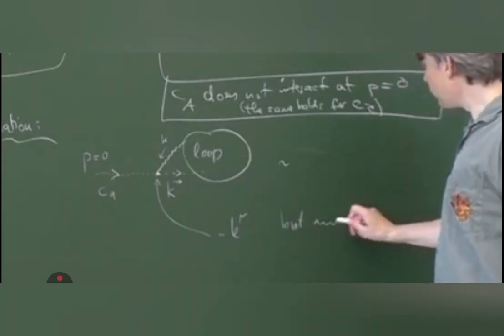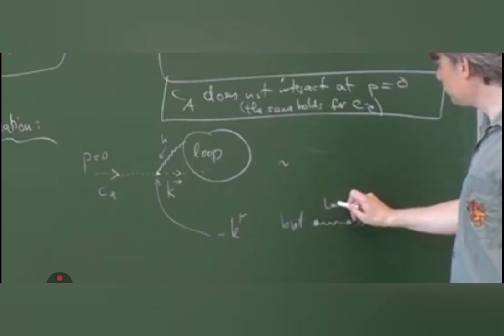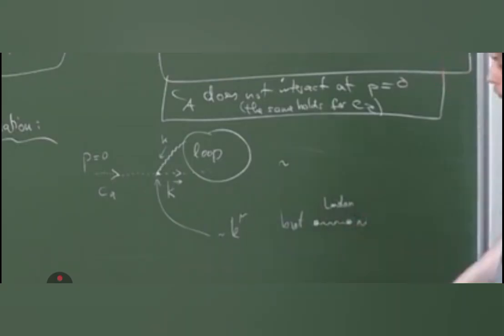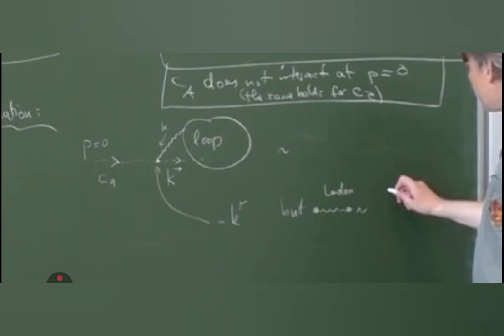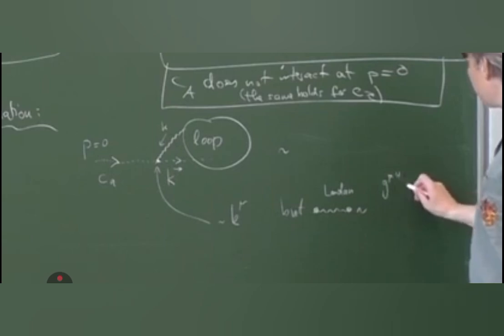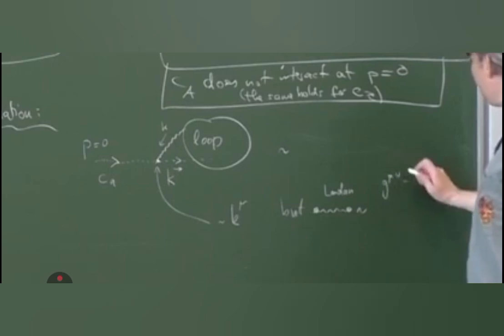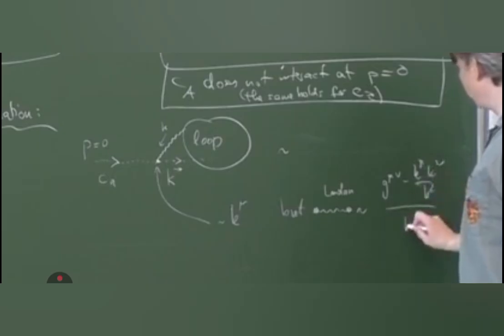A vector boson propagator in Landau gauge is transverse. Xi equals 0, so we always have this additional term in the propagators like 1 minus xi. So now for xi equals 0, the propagator is simply transverse, which means this. This is how the propagator looks like.